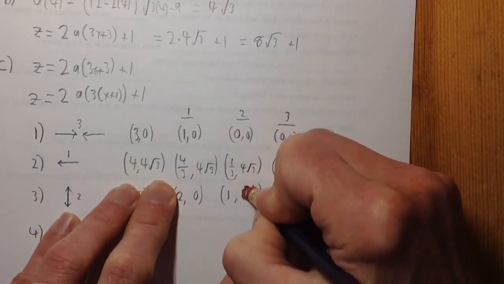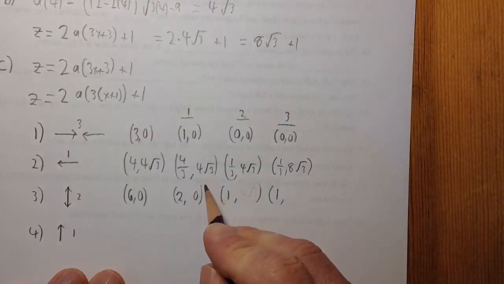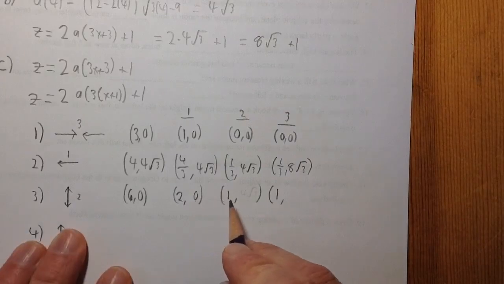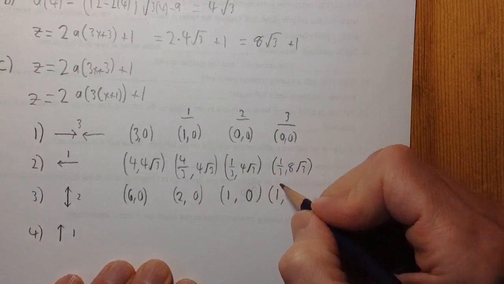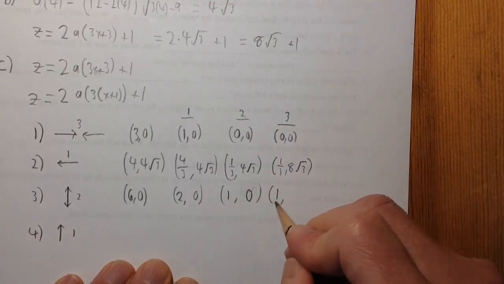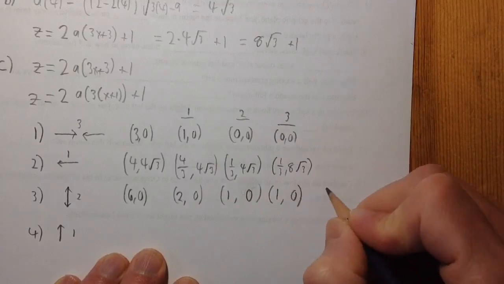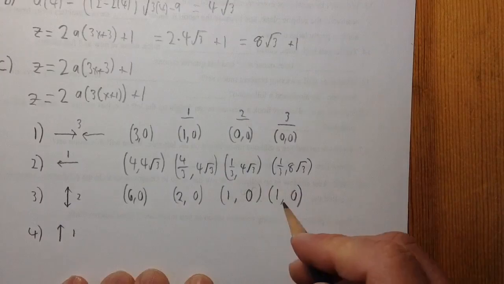You guys aren't around to stop me. This was 2, 0, step 2, we shifted. This was a 0, not 4 root 3. Hopefully you guys caught that at least. Okay, so multiply this by 2 and we still get 0. So 1 comma 0.